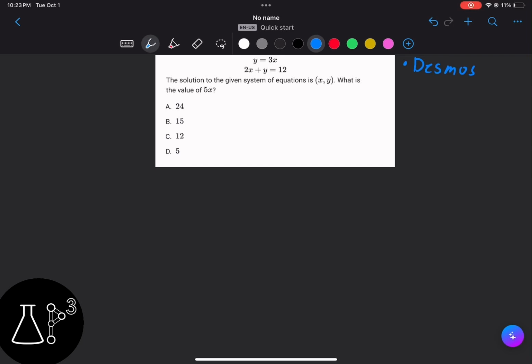So we're given y equals 3x and 2x plus y equals 12. So let's plug y into the second equation. So we would get 2x plus 3x equals 12. So then we're left with 5x equals 12.